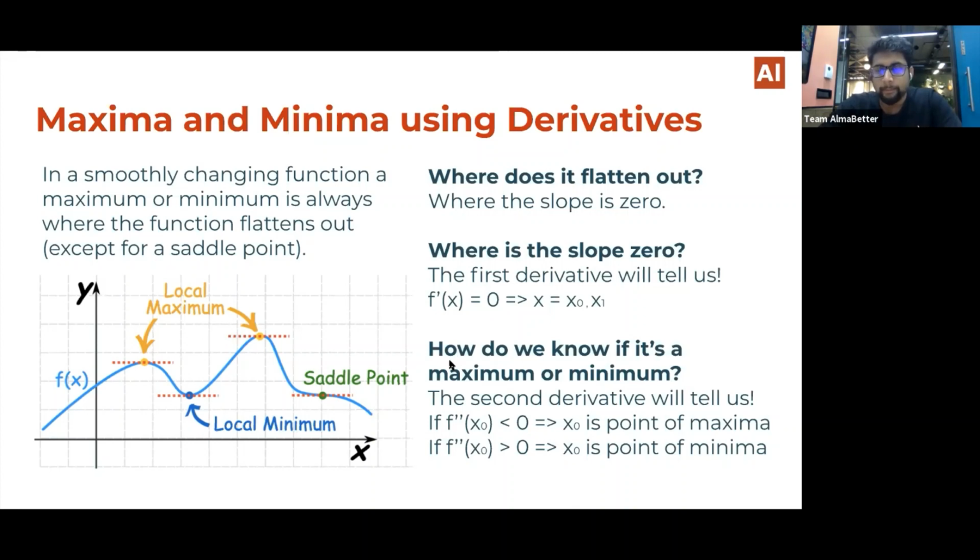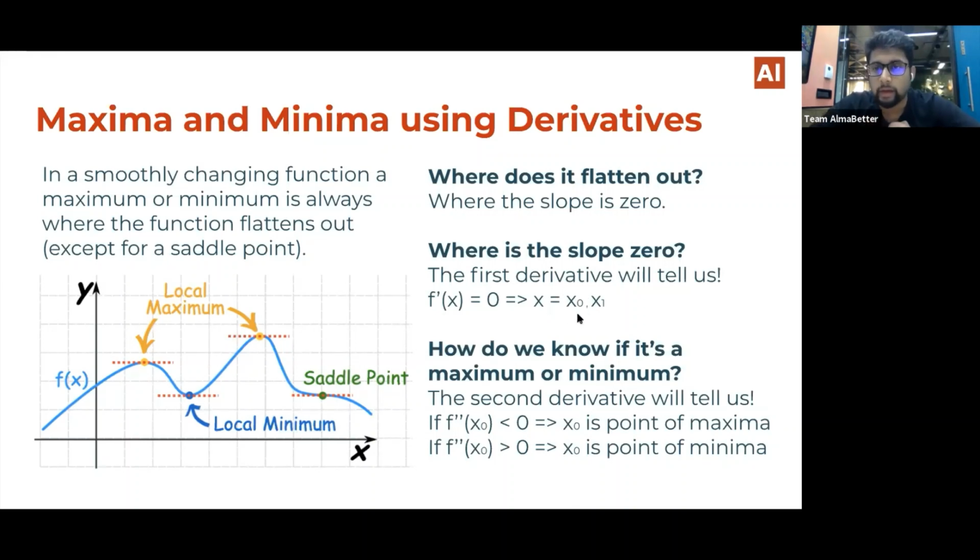In that case, you will have to take the second derivative. Whatever derivative you got, you differentiate it again, right? That second derivative will tell us whether it is maximum or minimum. So here you get two values of x, x naught and x1, let's say. Now you want to find out which of these is a local maxima or minima. Let's consider x = x naught.